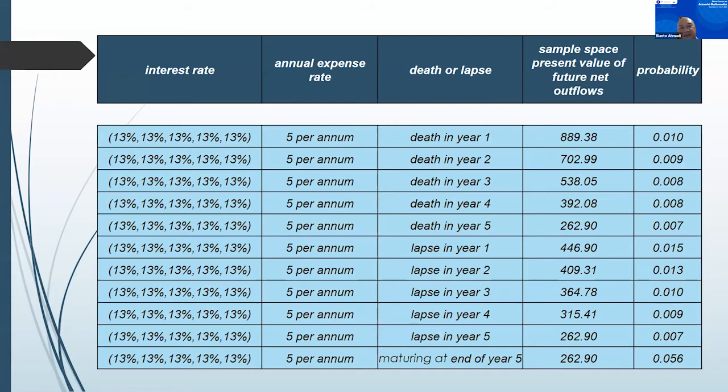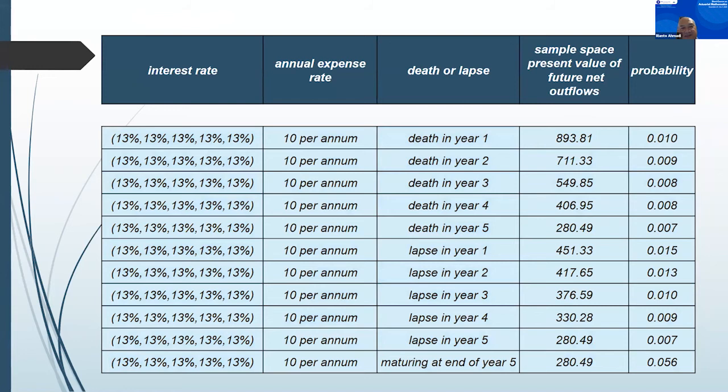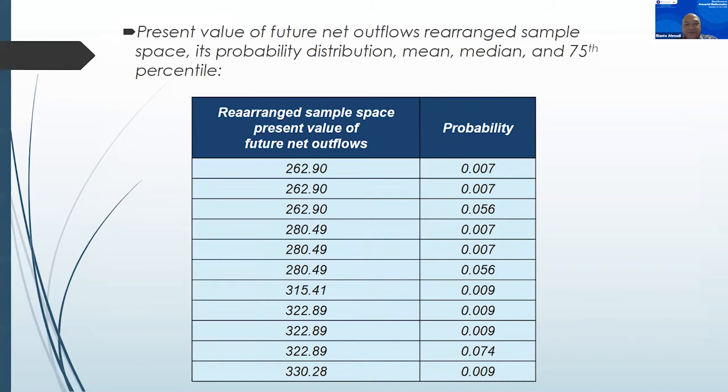Yeah, there are so many combinations, so that's why we have several slides for this. Continue. This is the rearranged version of that sample space of present value of future net outflows. So if we rearrange those possible outcomes, we put them in order now, from small to high.